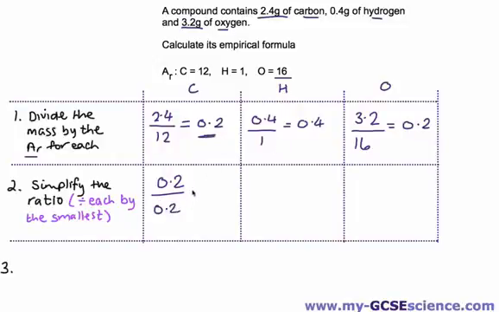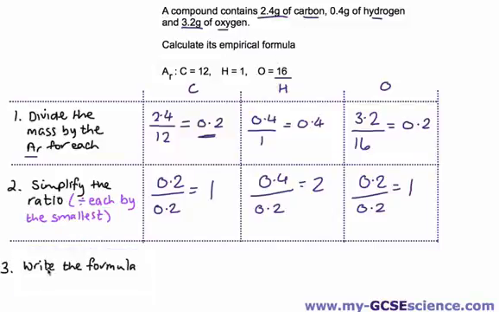So 0.2 divided by 0.2 is 1. 0.4, again divided by 0.2, gives us 2. And for oxygen, 0.2 divided by 0.2 equals 1. So there we have our nice simple ratio to work with.